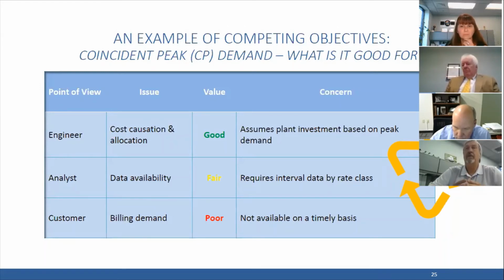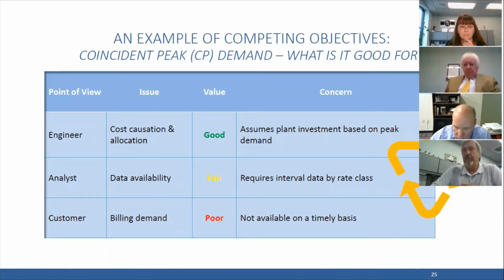And so we want to allocate those costs to those customers that cause the system demand in proportion to how much they contribute to that cost. So it's a pretty good representative data point for cost causation and allocation.